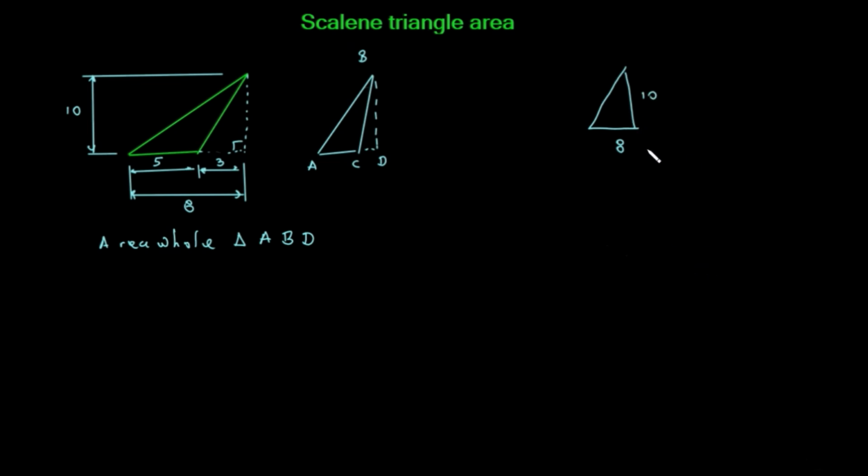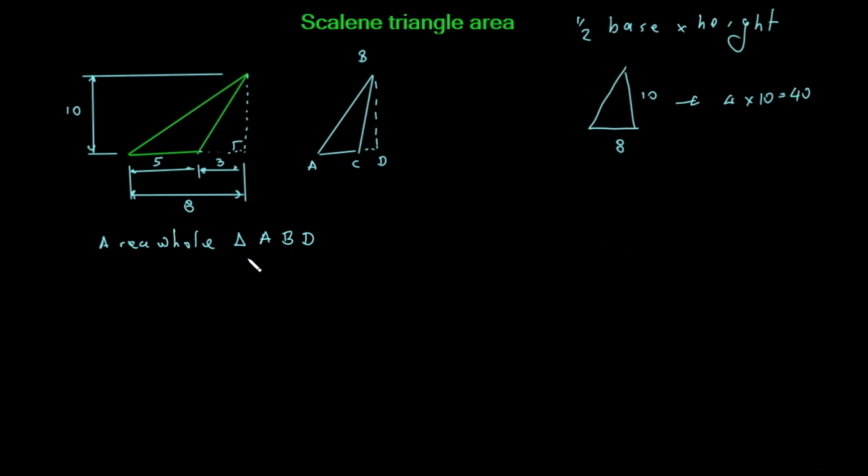Area of the whole thing, ABD, obviously includes the base. It's half the base times the height. The equation is half base times height. Look at the previous video, it demonstrates that that is indeed the case. So half the base is 4, times 10, which equals 40 square units.